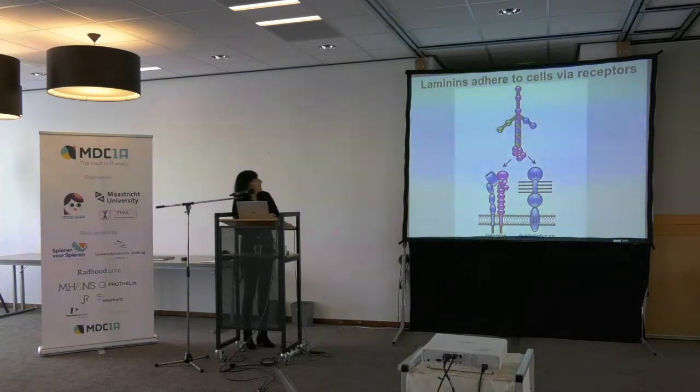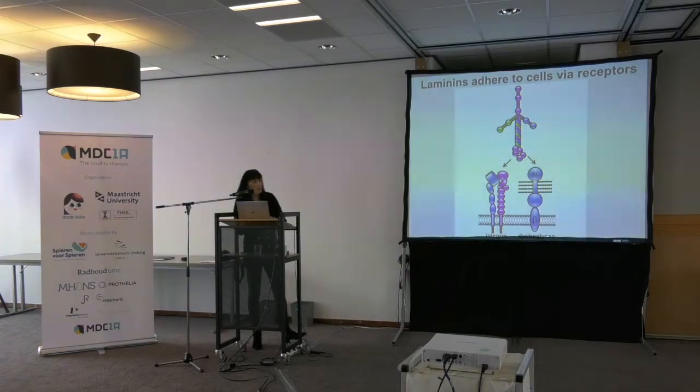And so these laminin networks, here is now shown only a single laminin molecule, are attached to the cells, for example, muscle cells, via interactions with cell surface receptors. So here you're basically looking at the cell, here you are looking at the basement membrane. At the cell surface, there are proteins called cell surface receptors, and laminins bind to these cell surface receptors.